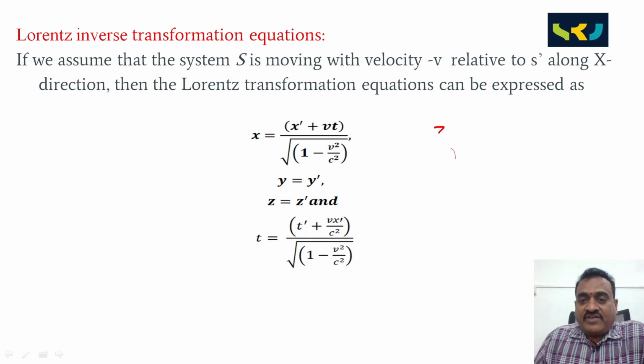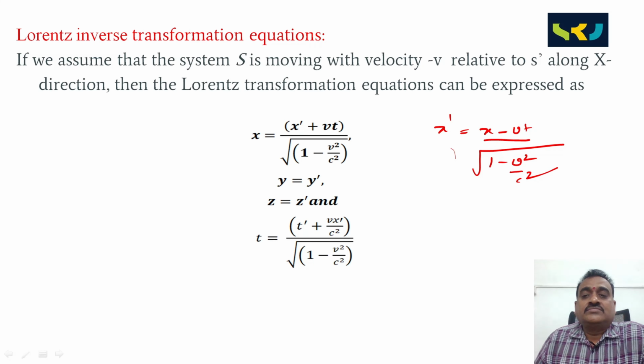So, in our previous lecture, x dash is equal to x minus vt by root of 1 minus v square by c square. So, this is the Lorentz transformation equation. Here, at the place of x take x dash, and at the place of v take minus v.